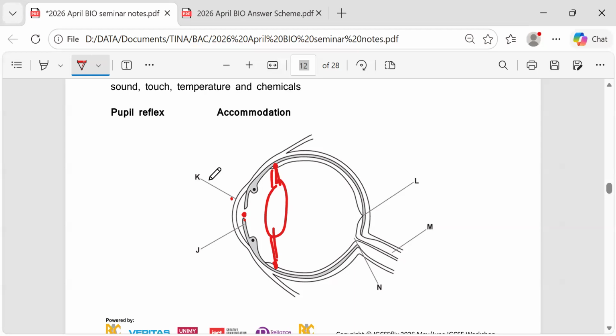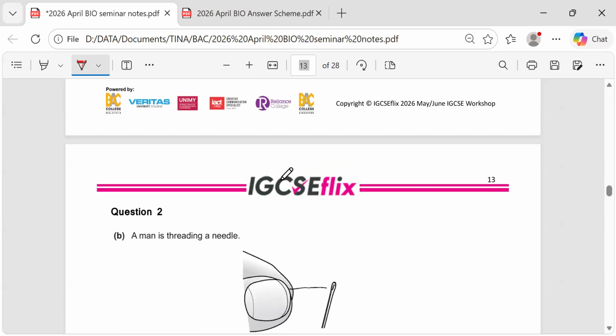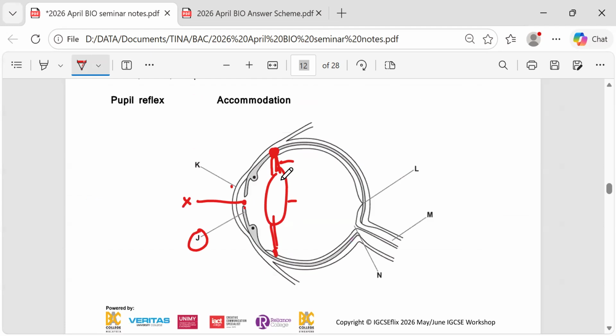Pupil reflex is J and the pupil is here. Accommodation is the ciliary muscle, suspensory ligaments, and the lens.